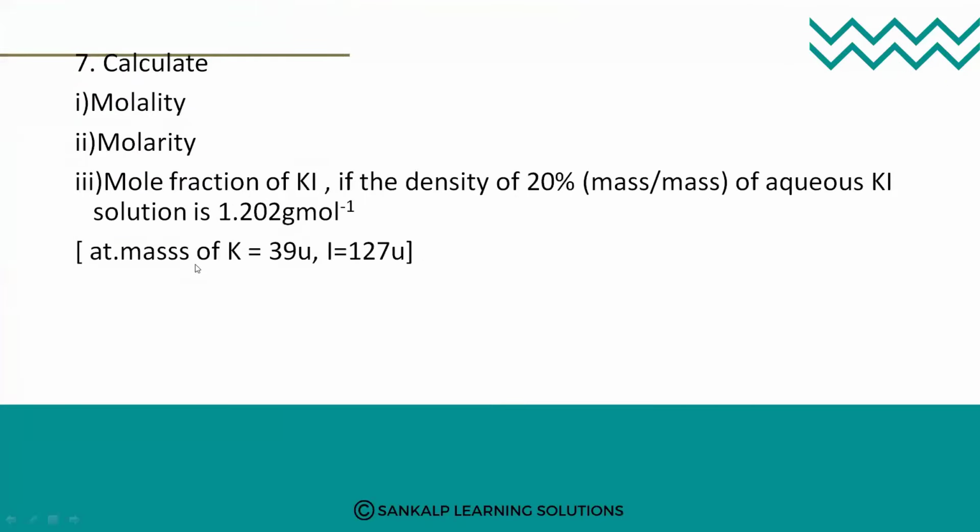Then atomic masses are given: potassium 39 unified mass and iodine 127 unified mass.